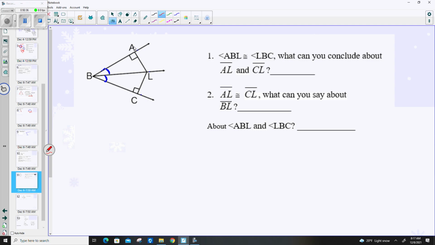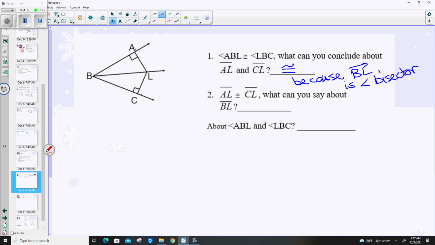They're congruent. Why? Having those angles congruent tells me that BL is a what? Angle bisector. They're congruent because BL is the angle bisector.